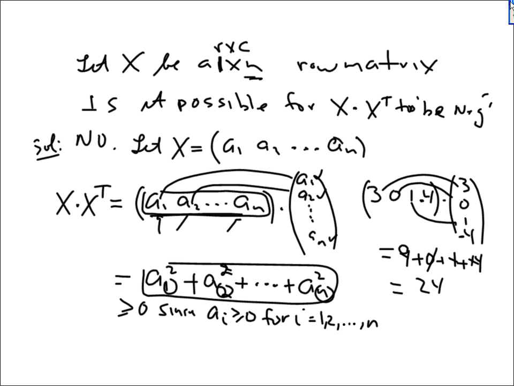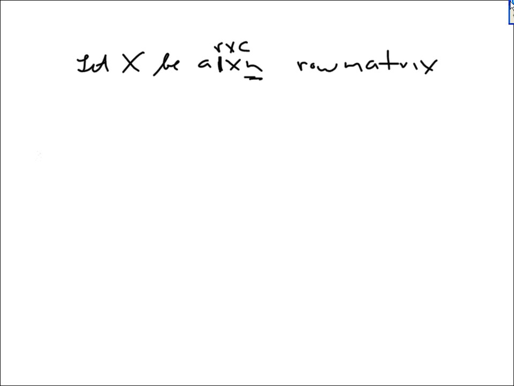Keeping the same premise, that is, keeping the top line, X be a 1 by n row matrix, what must be true if X times X transpose equals 0? What can you say about matrix X if X times X transpose equals 0?